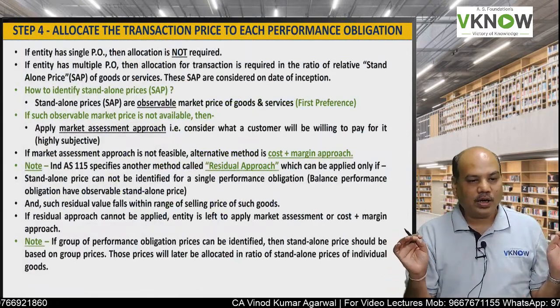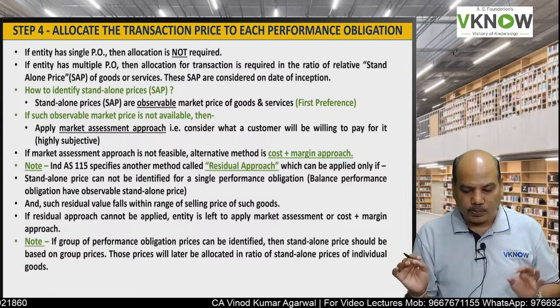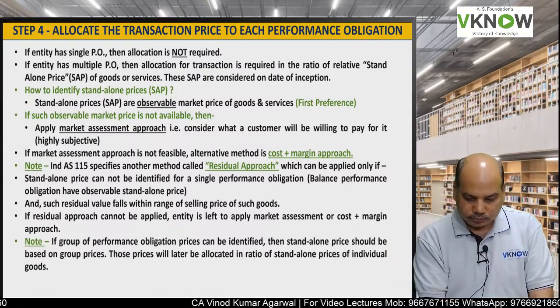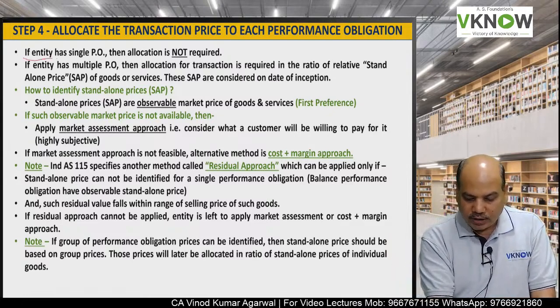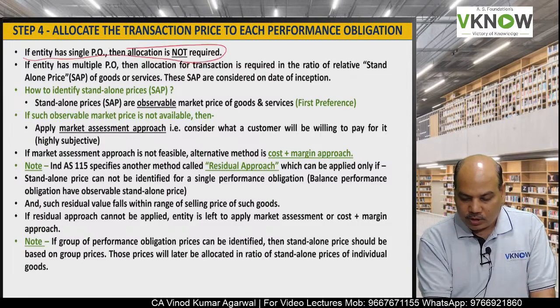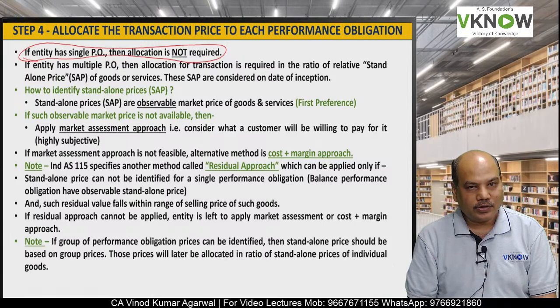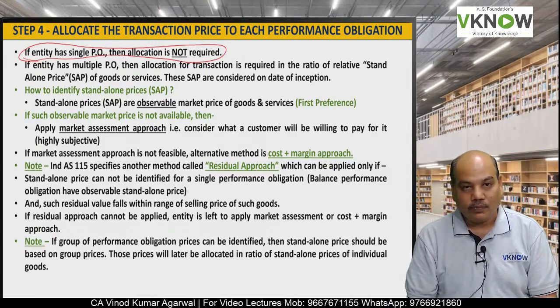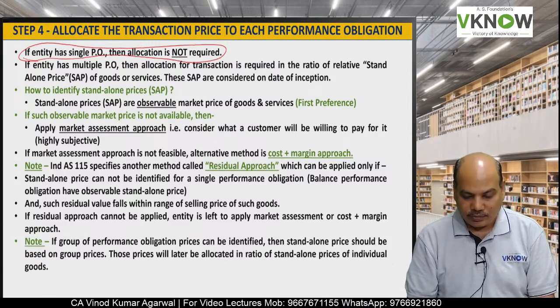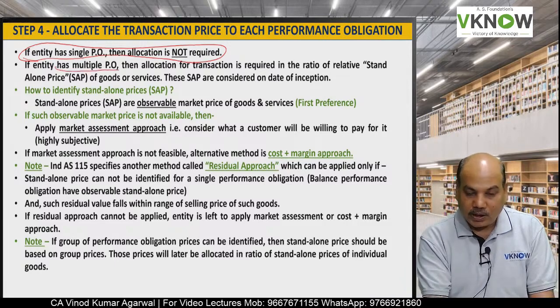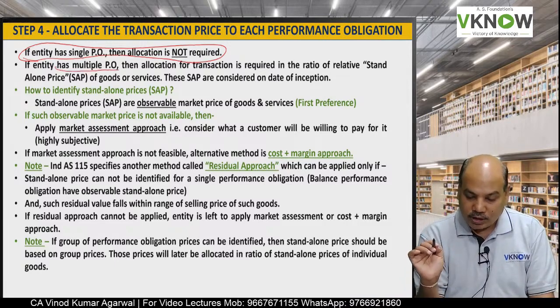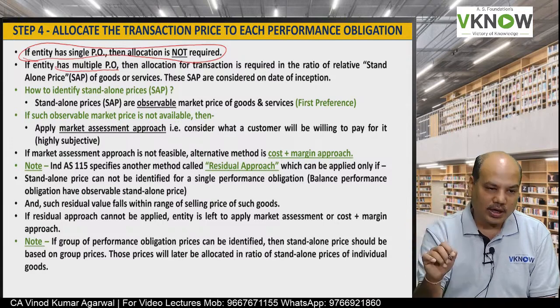The issue will arise only if there is more than one performance obligation. If the entity has a single performance obligation, then the question of allocation does not arise. However, if there are multiple performance obligations, then allocation is required.